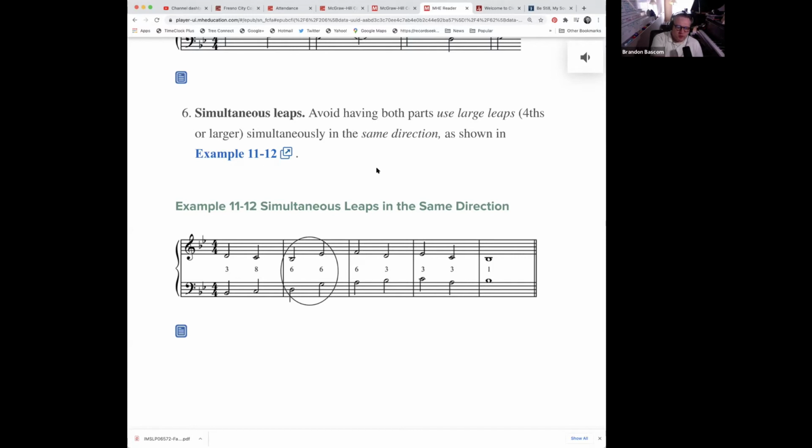So here our soprano goes from B flat to E flat, and our bass goes from D to G. Both of those are a fourth in the same direction. Don't do it.